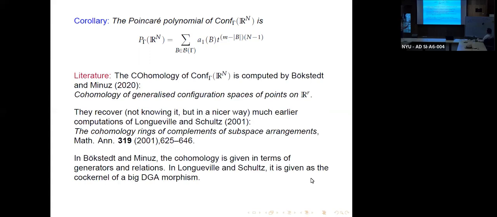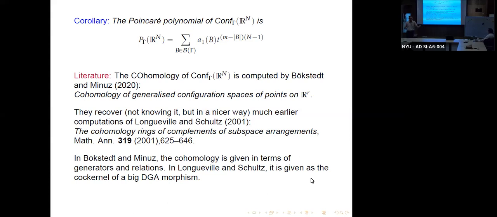In the literature, this space has had its cohomology computed as a complex, by Bendersky and Miller, and they recover a similar result by Wiens and Schultz, though I don't think they knew it at the time. But the cohomology is given as a big polynomial algebra tensor an exterior algebra divided by some ideal.